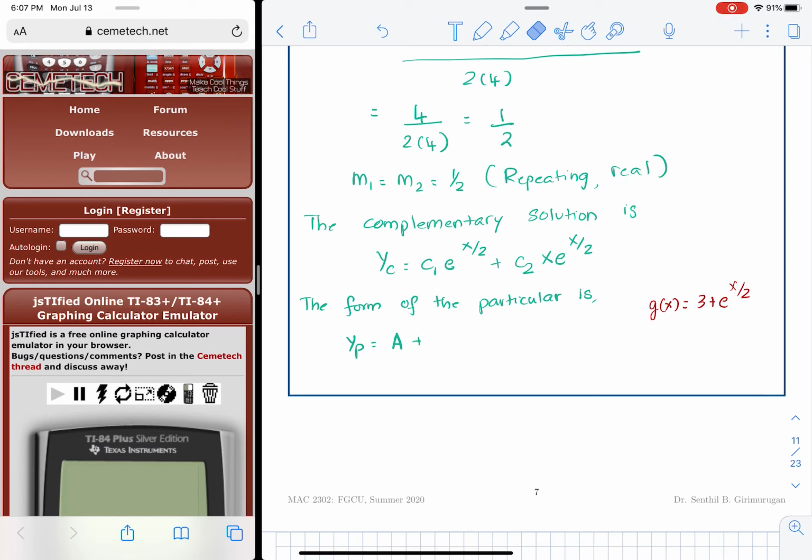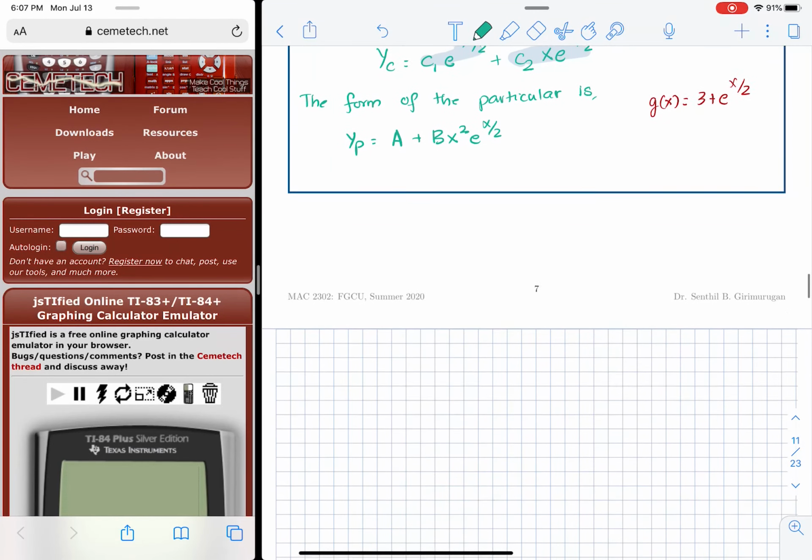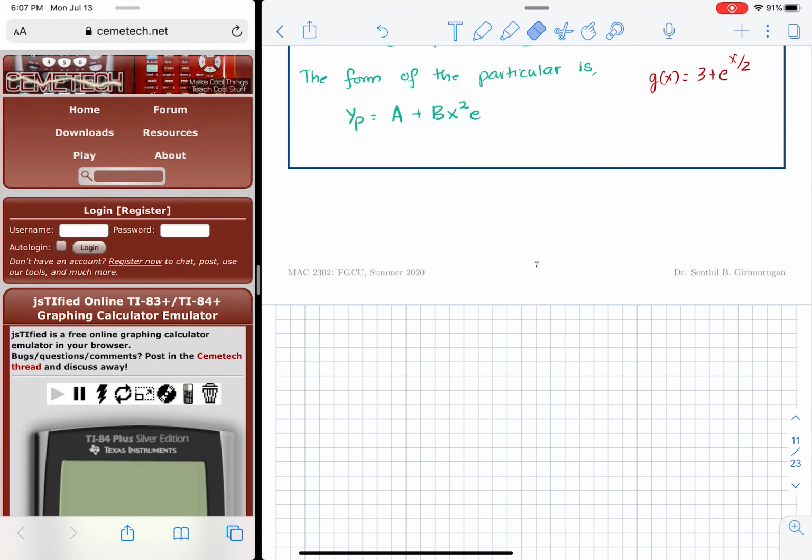That's not going to work. You may say, okay, I'll do x times e raised x over 2, so b x times e raised x over 2, and that is here also. So we can't use both of them, so we move on to the next step and say b x squared e raised x over 2. So that is the form that I am going to use for my particular solution.